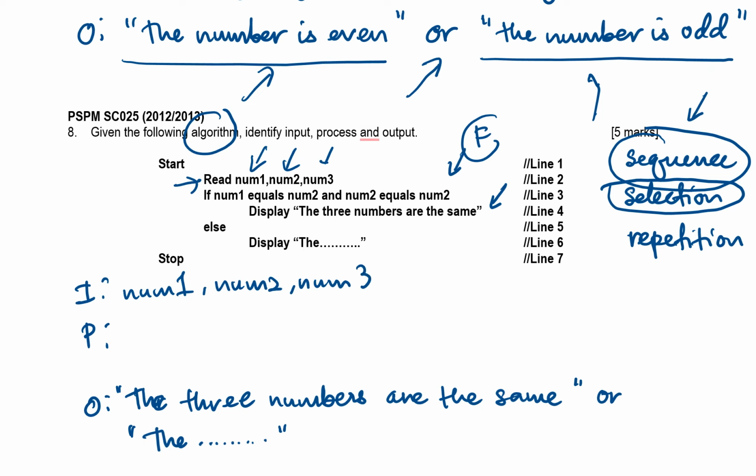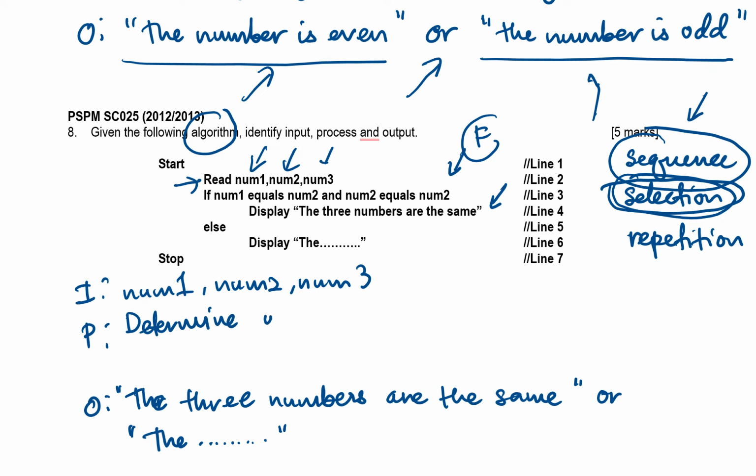Okay, next, how about the process? To write the process for selection control structure, since you have more than one option, you have to start with determine. So determine what?